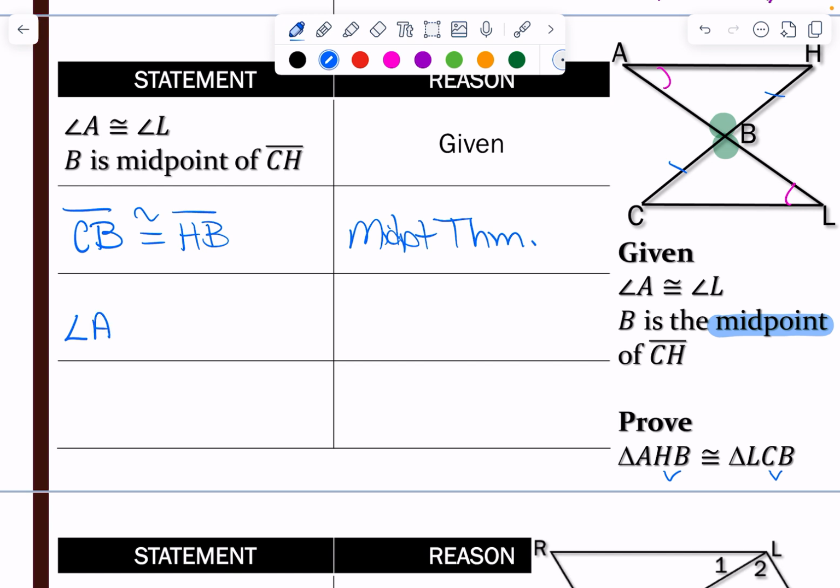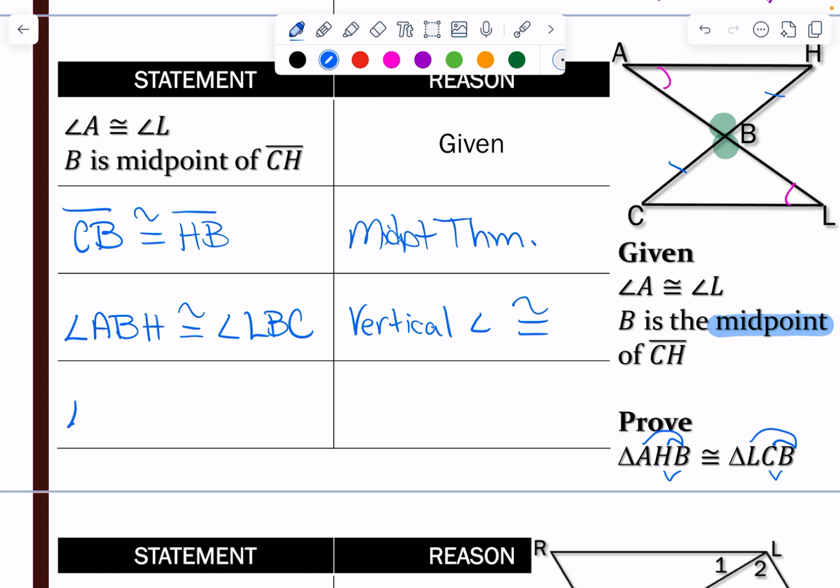Angle ABH is congruent to angle, now we go ABH, so LBC. The reason is because vertical angles are congruent. Okay, so that gives us that.